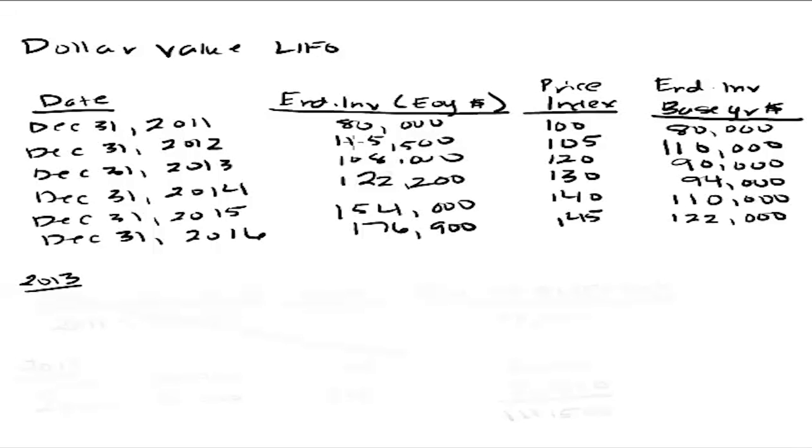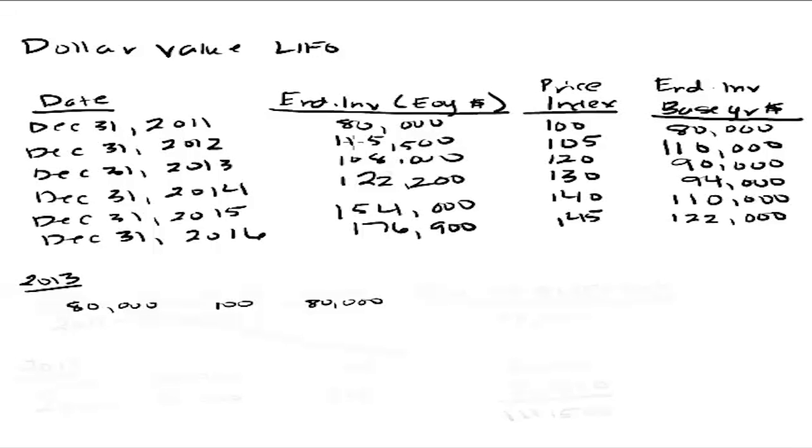So remember before we had a layer of 80,000 and a layer of 30,000. So you start with the most current layer, which would be the 30. And we've got enough in that layer to peel it back, because this was a decrease of 20. So now we've still got the 80. And that price index is 100, so we've got 80,000 here.